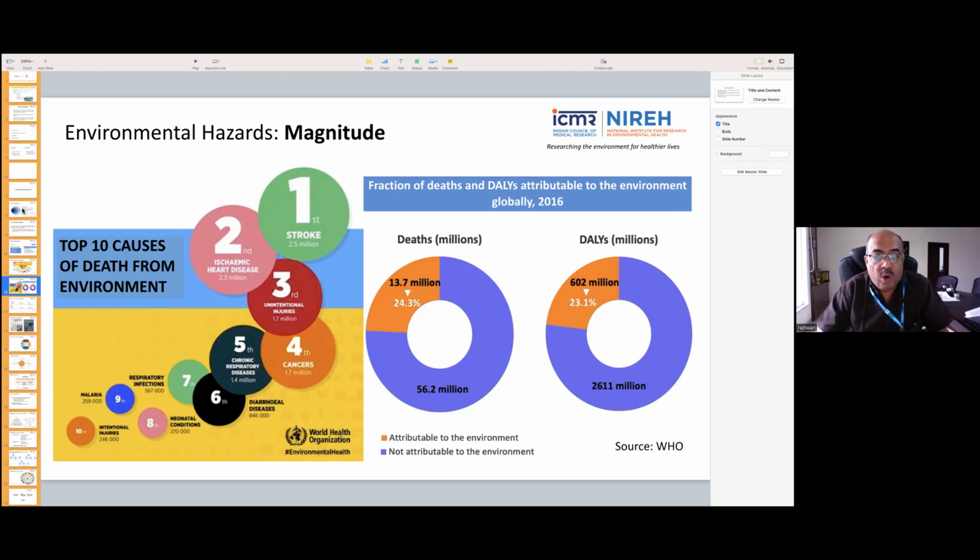And so when we want to prevent death because of these important causes, we have to act on the environment part of it. Again, in terms of death and DALYs, almost 1/4 of the deaths and 1/4 of the DALYs is directly attributable to the harmful environment. So that begins the problem.